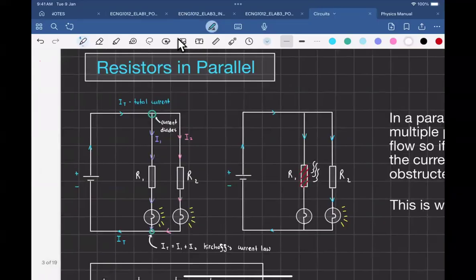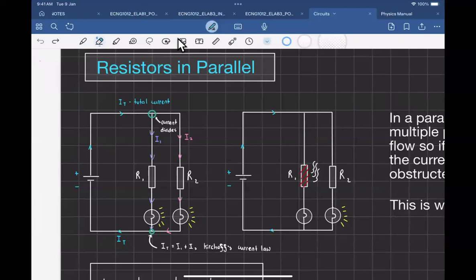Now, Justin, let me understand something. In a parallel circuit, is there one path for current to flow? No, it could be two. It would be two, right?